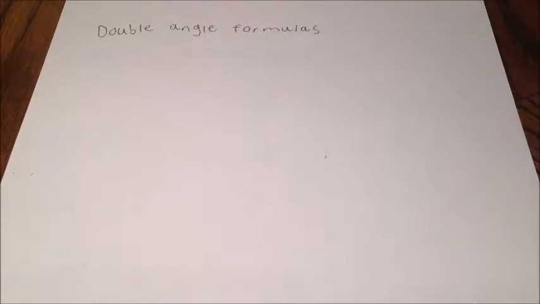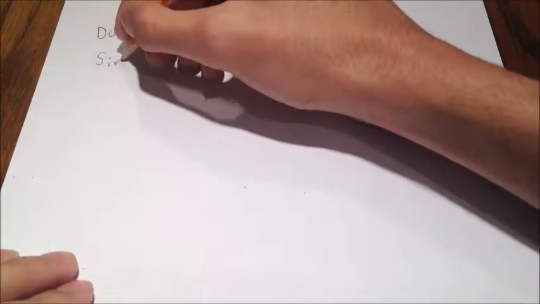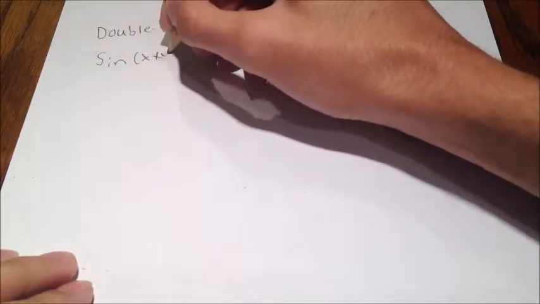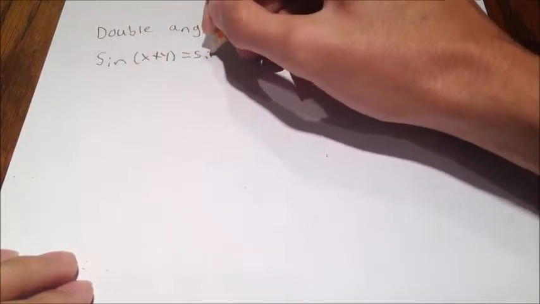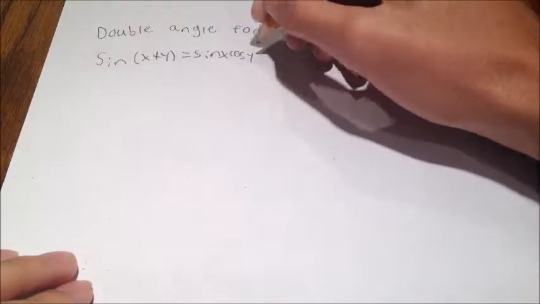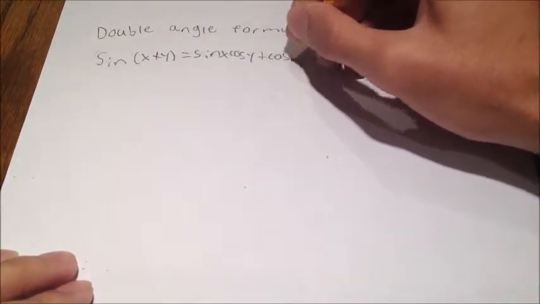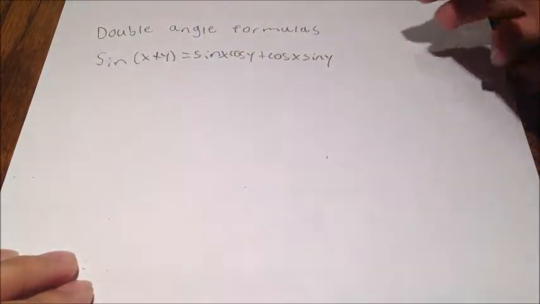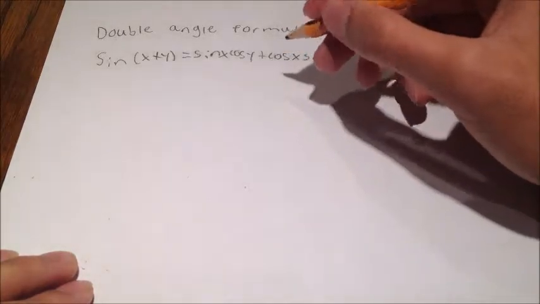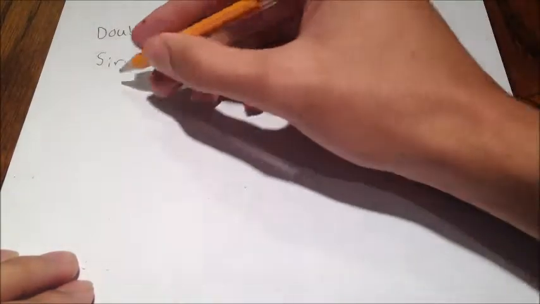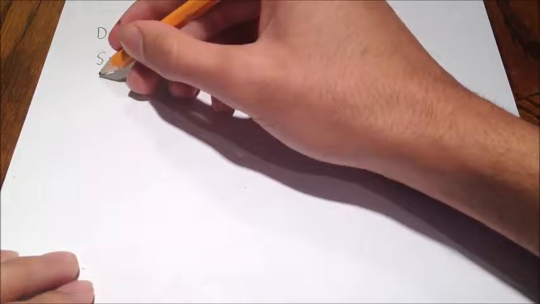Okay, so today we're going to be learning about double angle formulas. What they are is basically the same thing as compound angle formulas. So if you were to do sine x plus y, which is equal to sine x cos y plus cos x sine y, it'd be basically the same thing as this, except that instead of doing x plus y, it would be two x's.